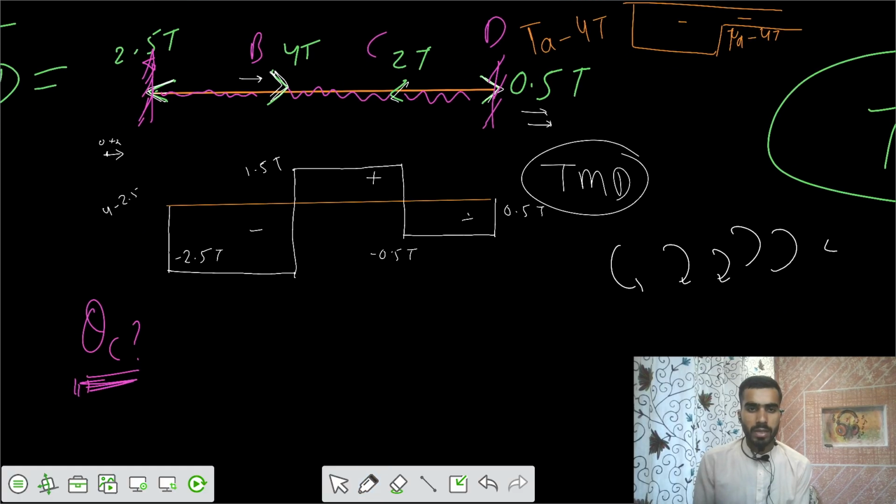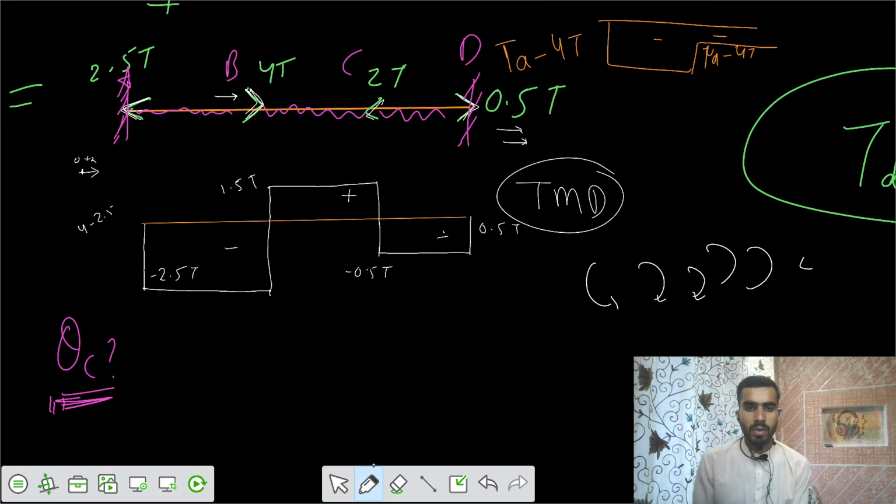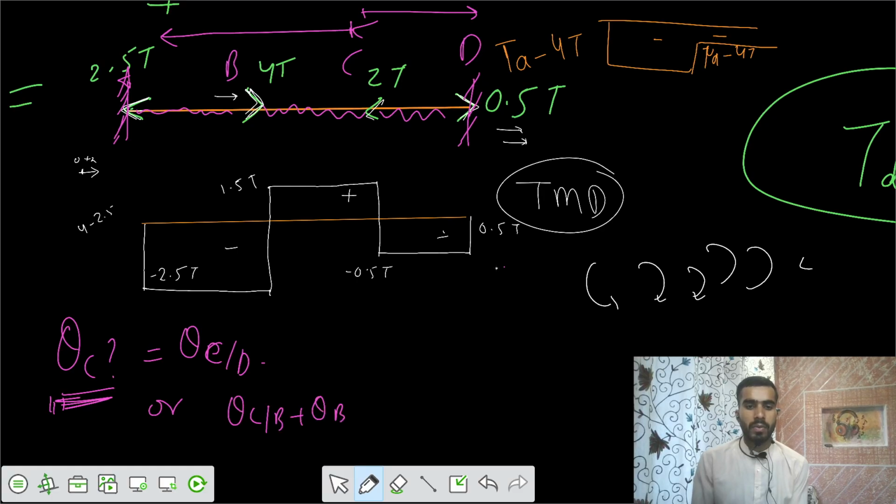If you say what is the value of theta C, I would say either you can talk about it in this way, or in this way. I can say theta C is equal to theta C with respect to D, or you can go in the opposite direction. You can say theta C with respect to B plus theta B with respect to A. You can have these, but there might be a chance that the sign would be negative for one.